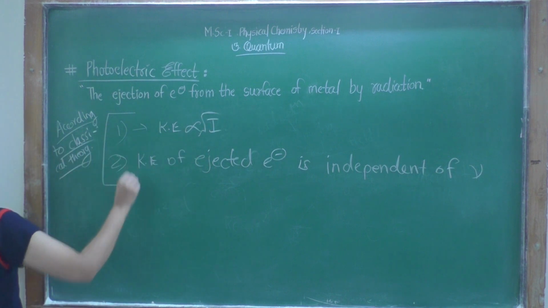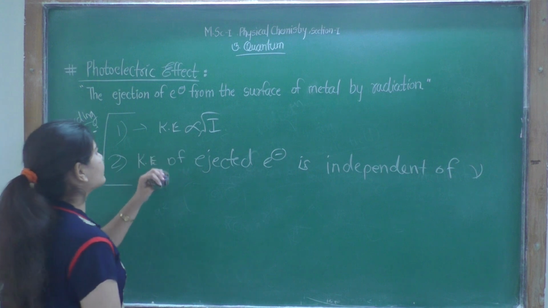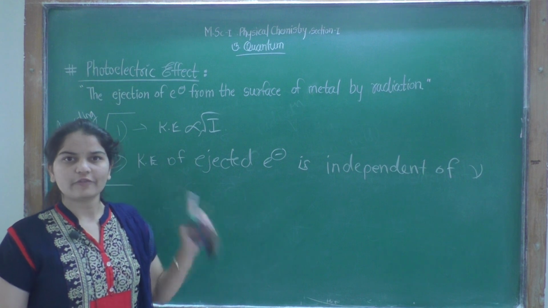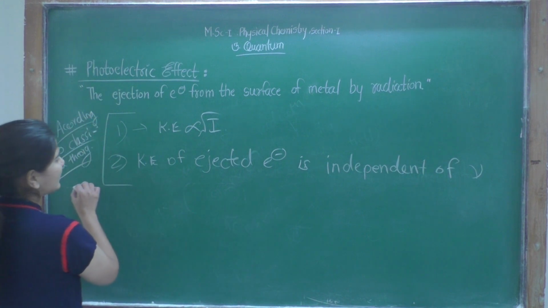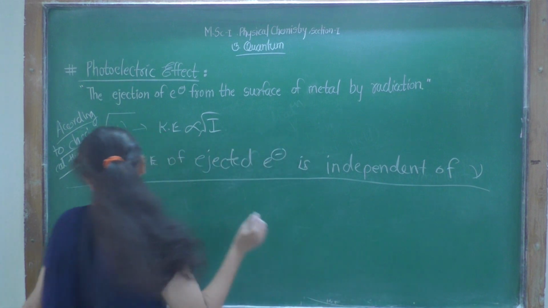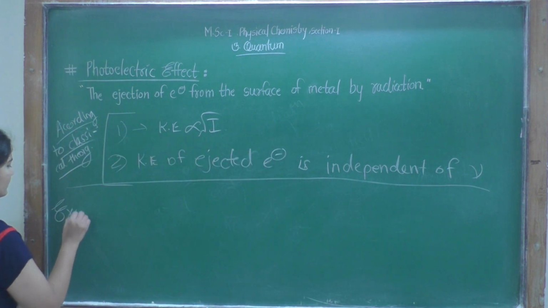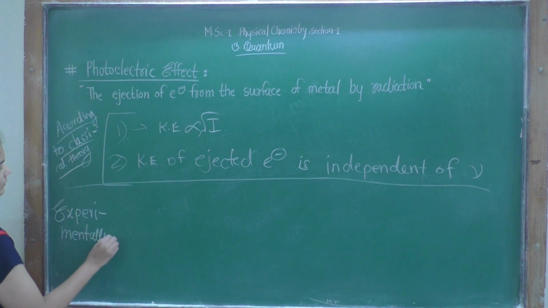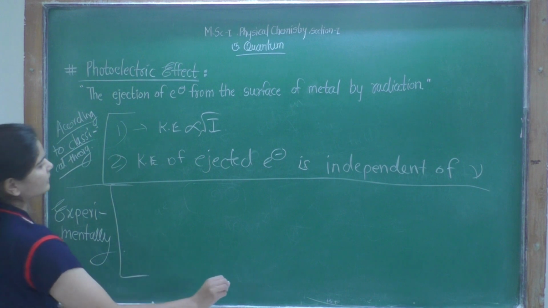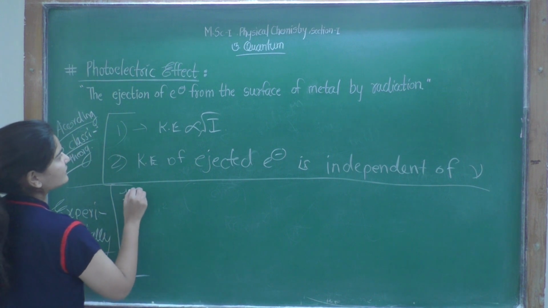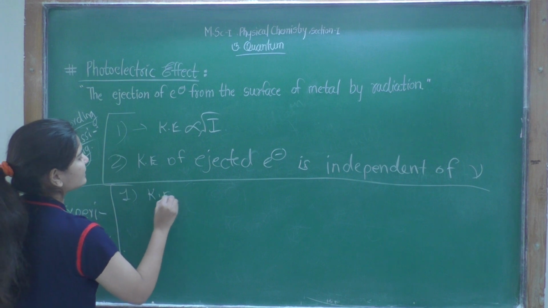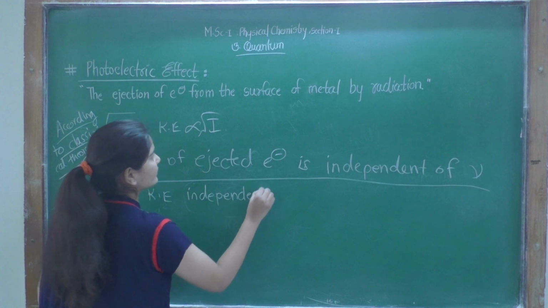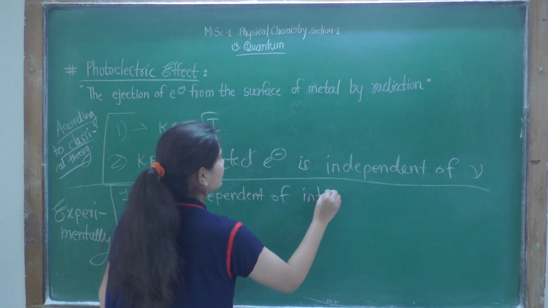According to classical theory, kinetic energy is proportional to intensity, and the kinetic energy of an ejected electron is independent of frequency. But experimentally, scientists observed that kinetic energy is independent of intensity.